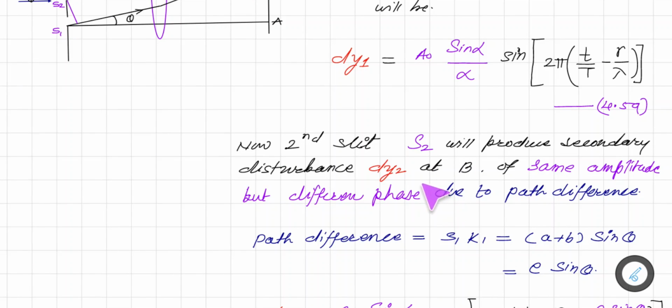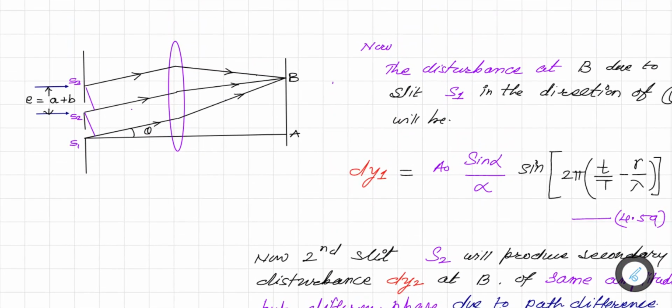Now the second slit S2 will produce dy2. In this case the amplitude will remain the same, but as we know, the ray passing through slit S1 and the ray passing through slit S2, which are creating the disturbances, have a path difference, which we already saw. This is delta, the path difference. So the amplitude will be the same, but there will be a phase difference due to the path difference.